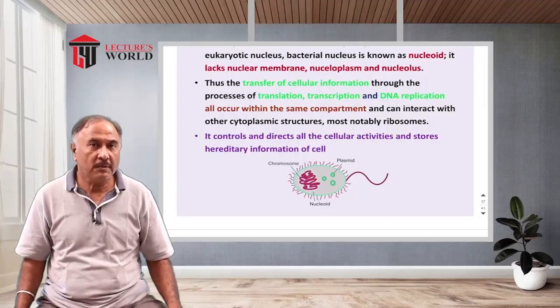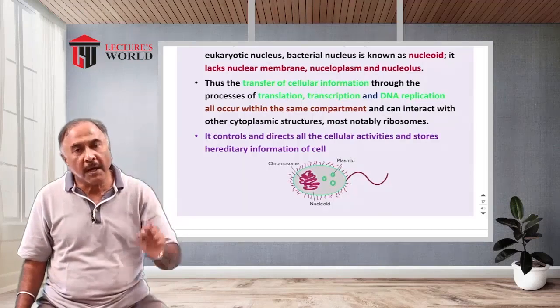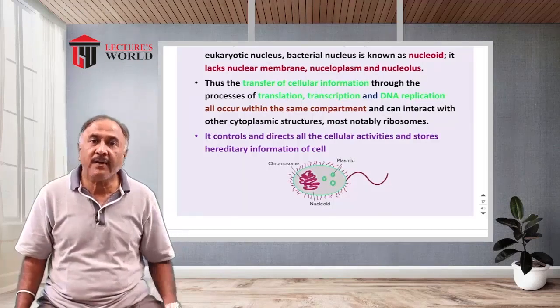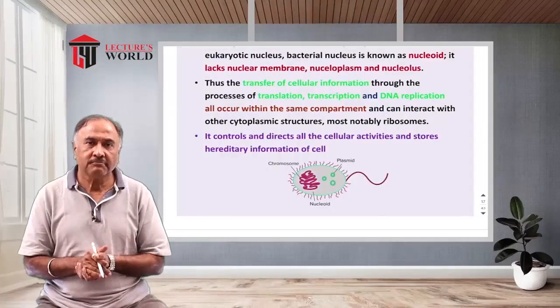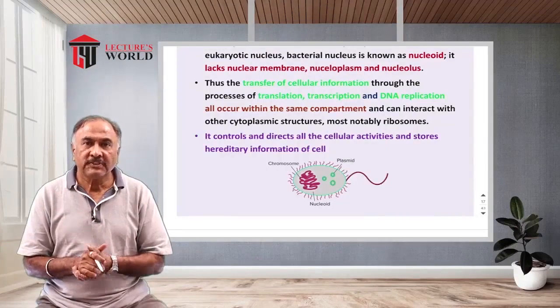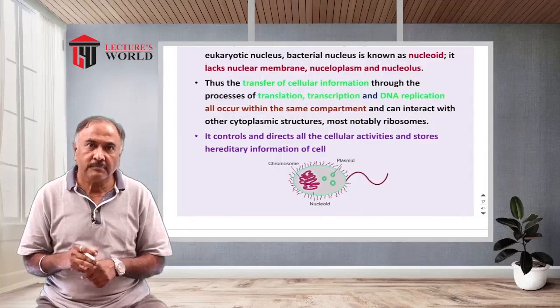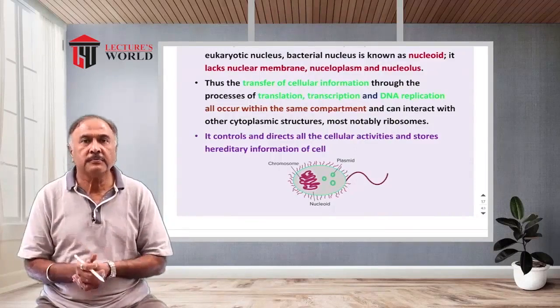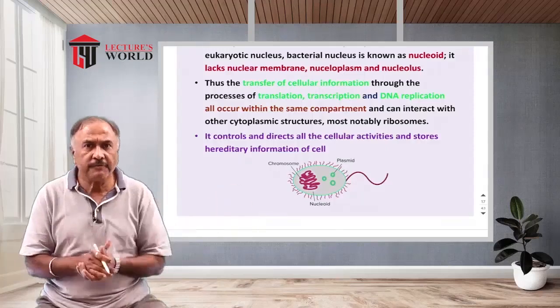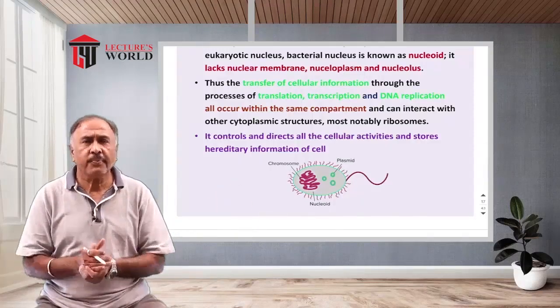Extra chromosomal. Be careful, it is not a part of bacterial DNA. Outside the chromosome. Self-replicating. It can multiply on its own. It can replicate like DNA itself with the same mechanism.